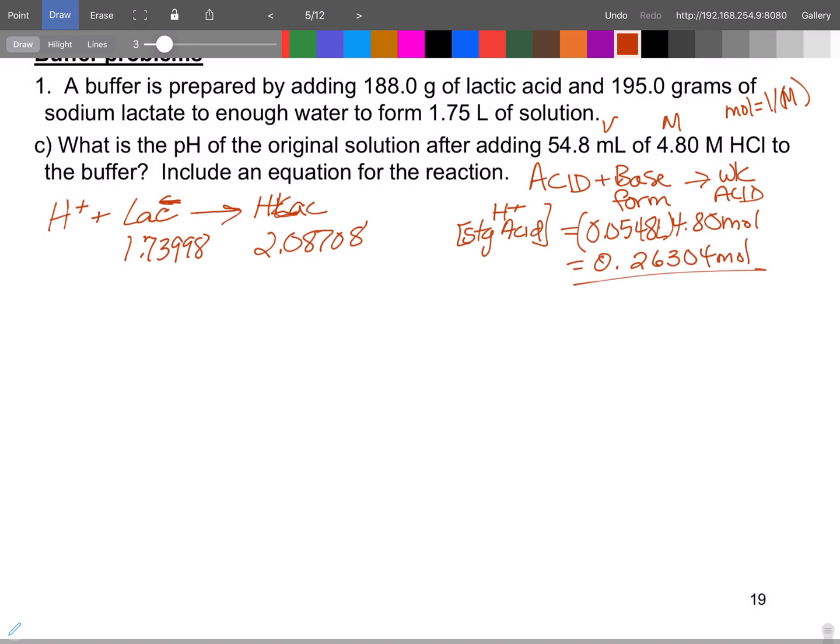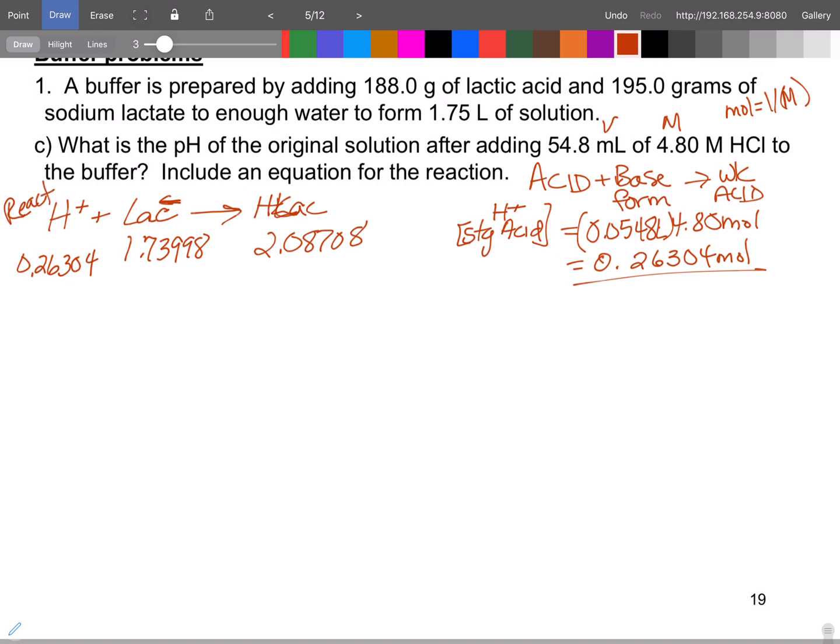All right, so in this case, everything else is in moles, so we're going to keep it in moles. So initially, we're going to start with 0.26304. Now, this is a one-way reaction. This is not an equilibrium. So this isn't an ICE table. This is just a reaction.